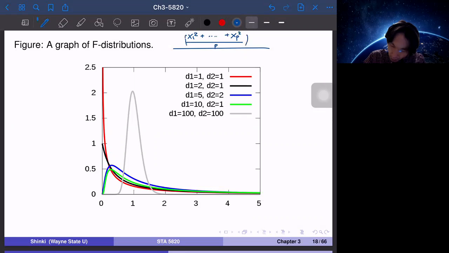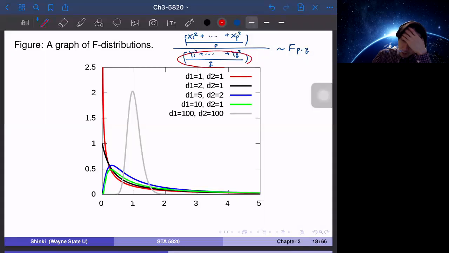This is the F distribution with degrees of freedom p and q, and both are averages of independent random numbers. So you can see that this part converges to the expectation of yi square as q goes to infinity.